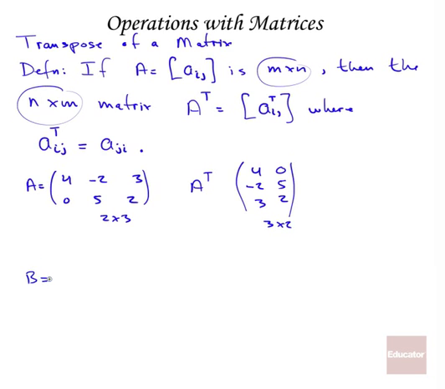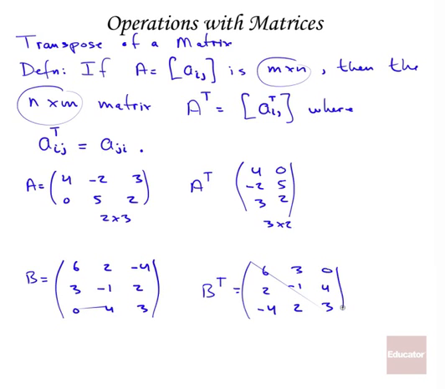So another example, let's say you have a square matrix. So 6, 2, minus 4, and 3, minus 1, 2, 0, 4, 3. Well, the transpose is going to be 6, 2, minus 4, written as a column, 3, minus 1, 2, written as a column, and 0, 4, 3, written as a column.